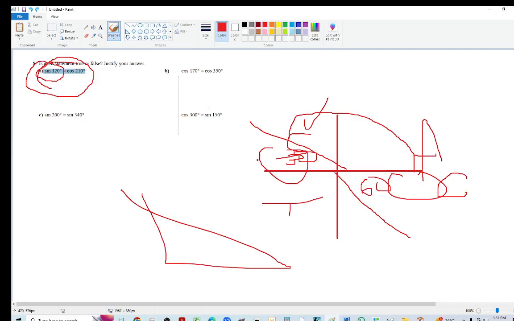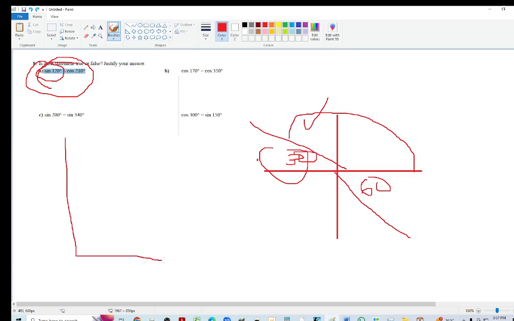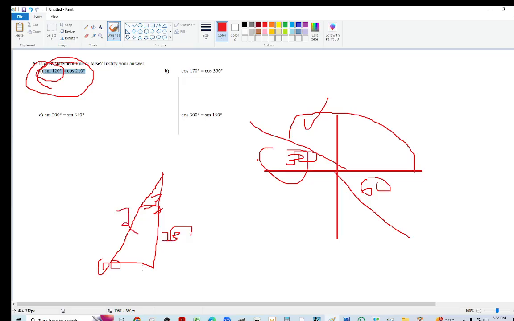If we use our 30 and 60 degree triangle, like this, there we go. We discover these in our special triangle. It's square root of 3 here, it is 2 here and 1 here.